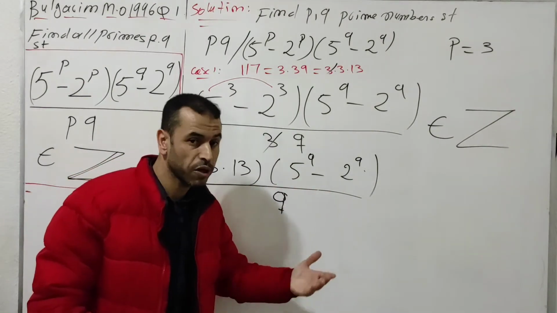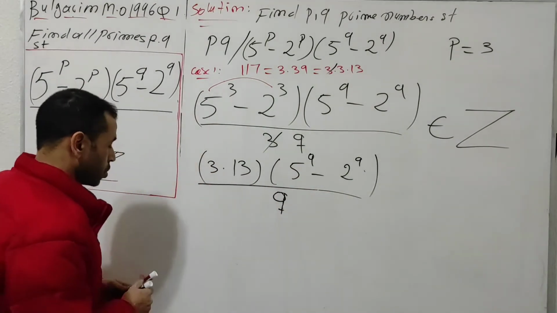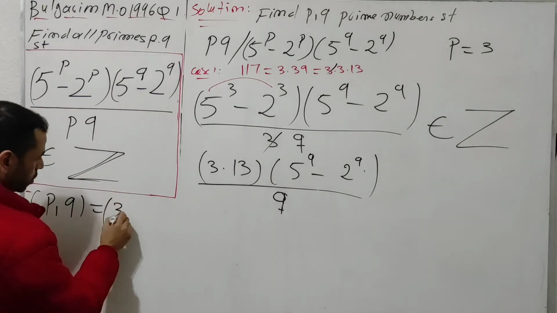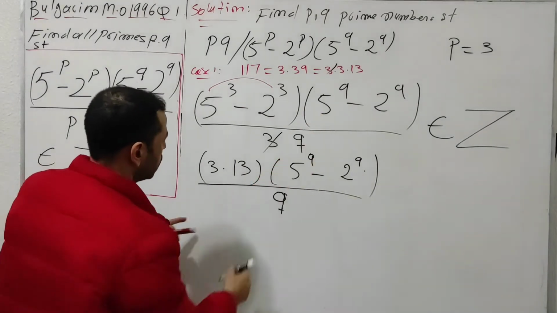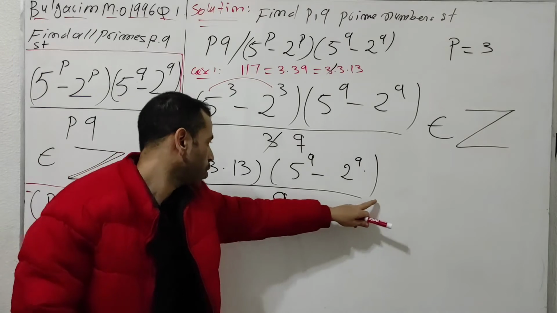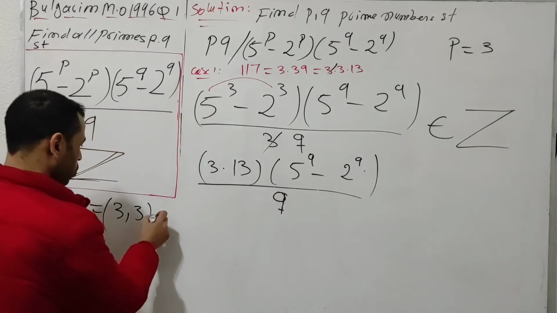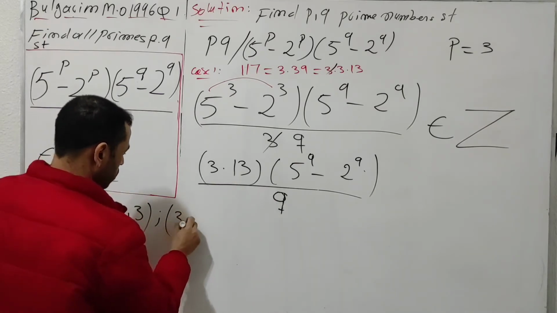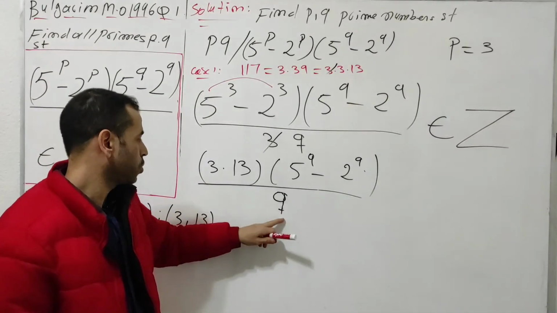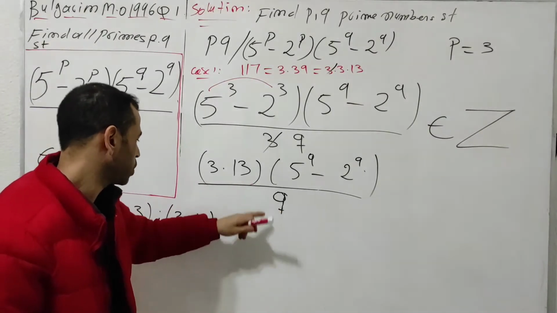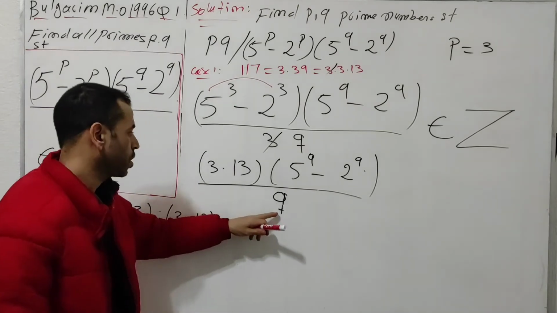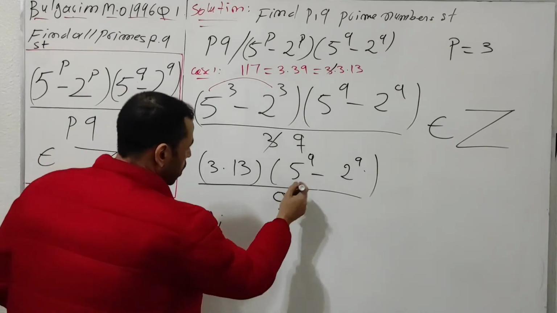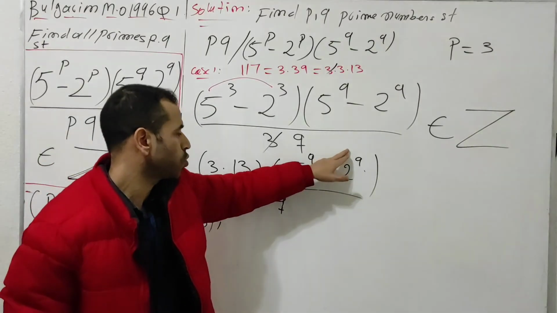So the first solution for p and q is 3 and 3, since q divides 3. The second solution is 3 and 13: q divides 13, and since both are primes, q must equal 13. Now we are going to check with this one. We don't know this one yet.